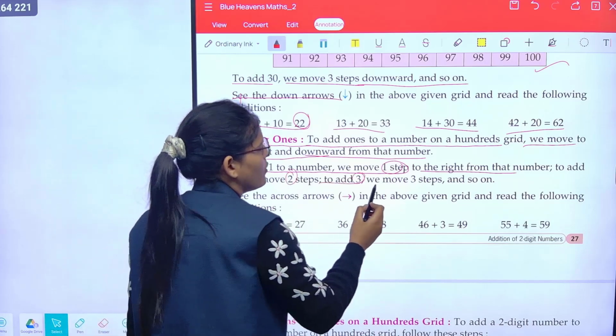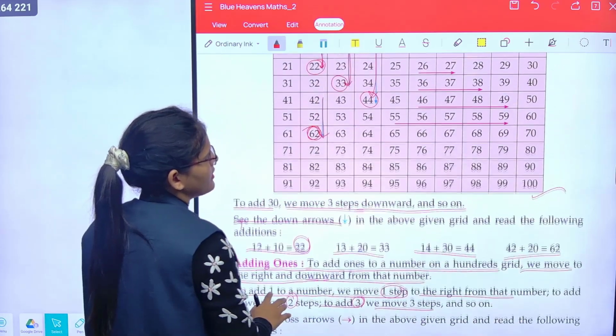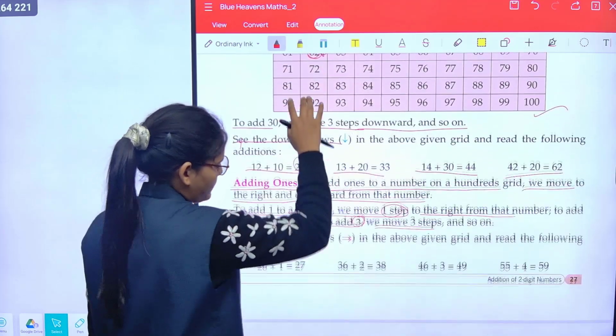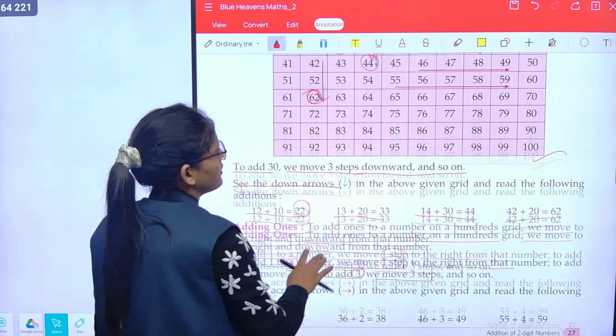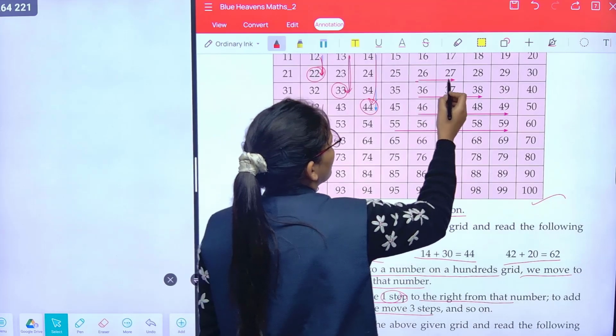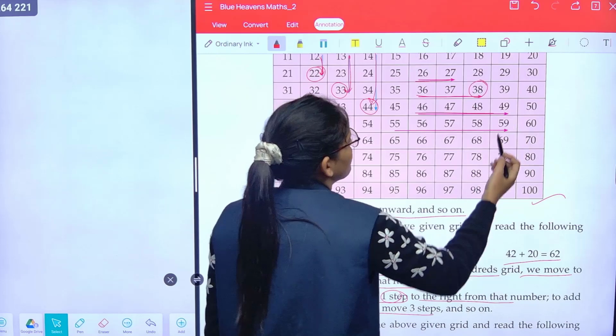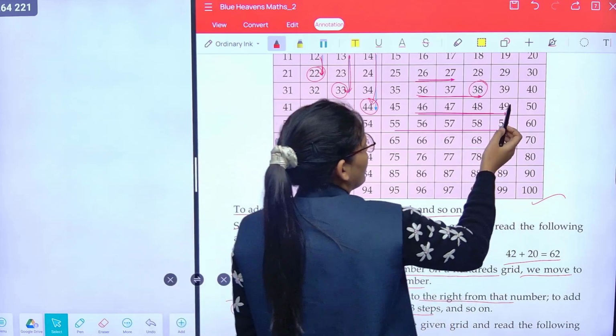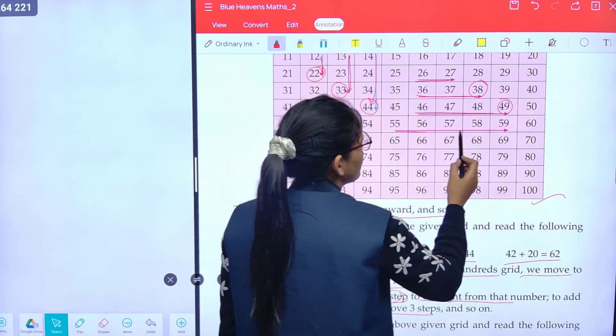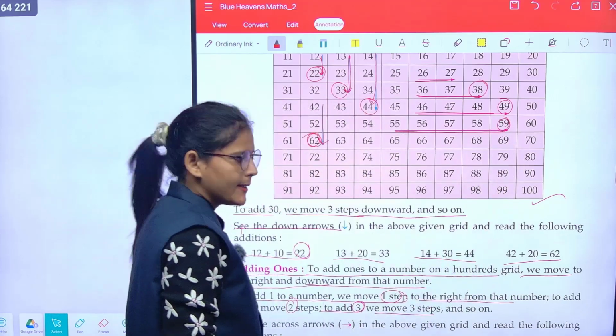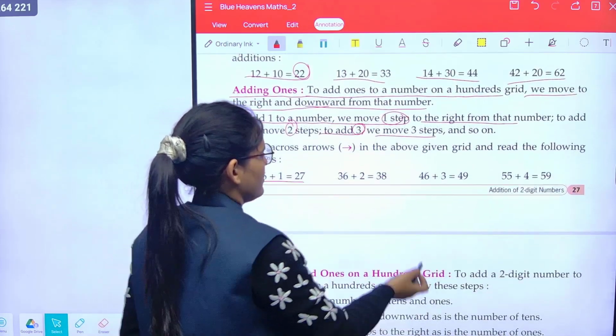To add 3, we move 3 steps and so on. See class: 26 plus 1, we move 1 step, and 36 plus 2, we move 2 steps, 38. 46 plus 3, 49. 55 plus 4, 59. Like this.